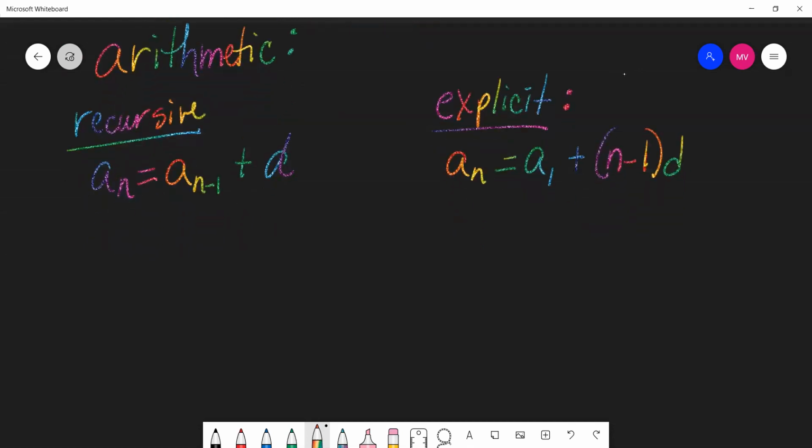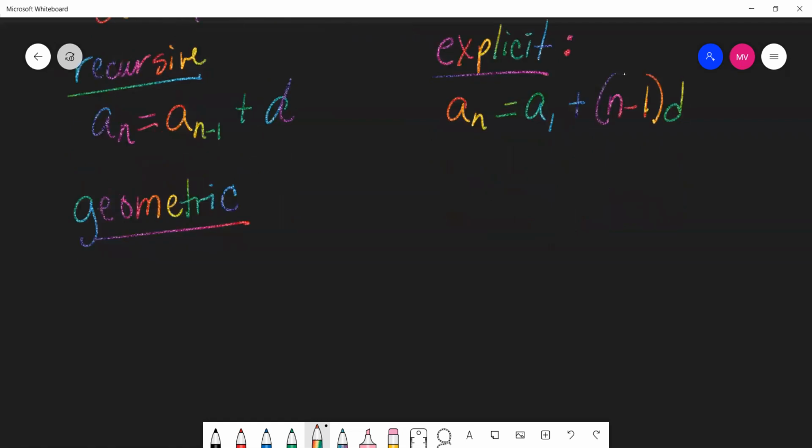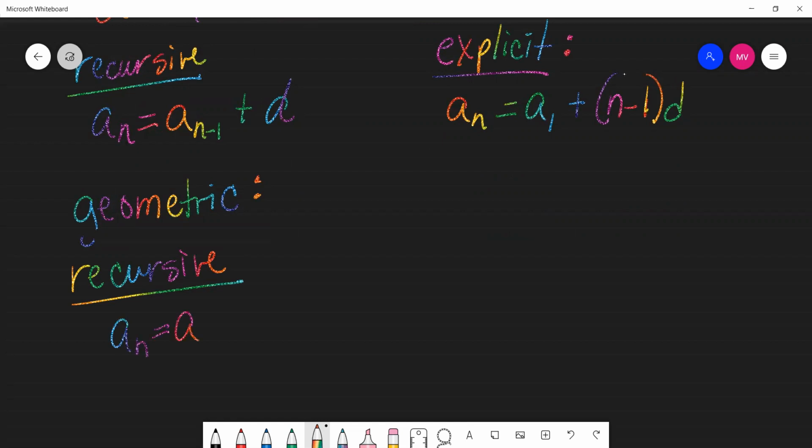And then geometric, I'll keep my format the same here. The recursive formula is the term at position n equals the previous term, AN minus 1, times the ratio.